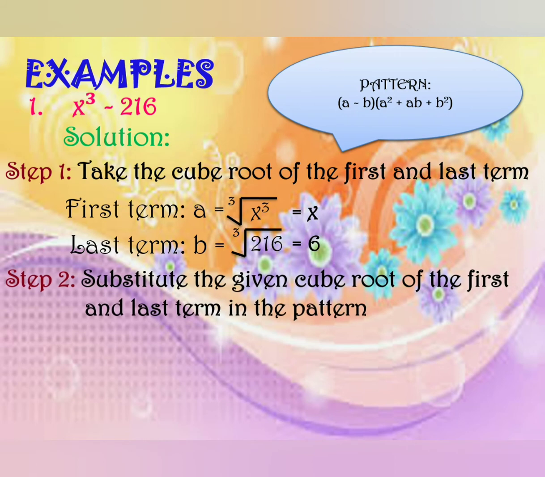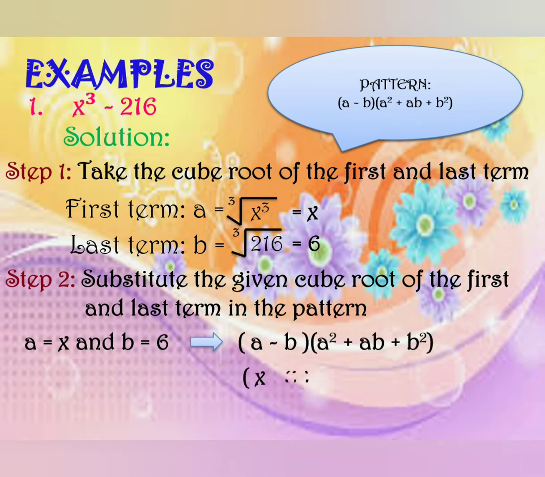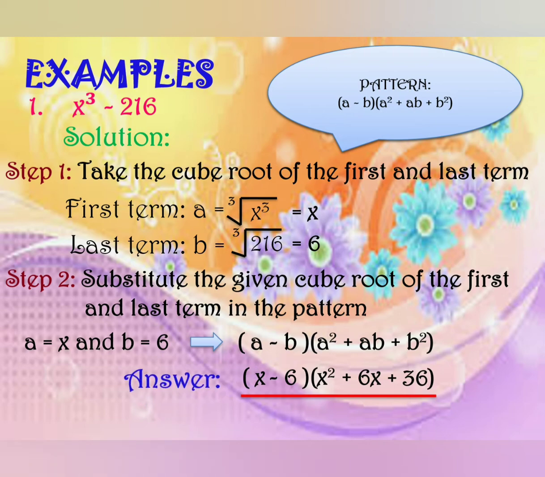Step 2, substitute. So a equals x and b equals 6. So we have quantity x minus 6 times quantity x squared plus 6x plus 6 raised to 2, which equals 36. So the factored form of x cubed minus 216 is quantity x minus 6 times quantity x squared plus 6x plus 36.